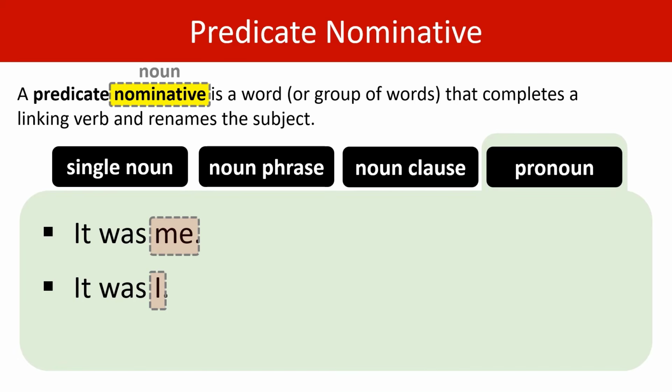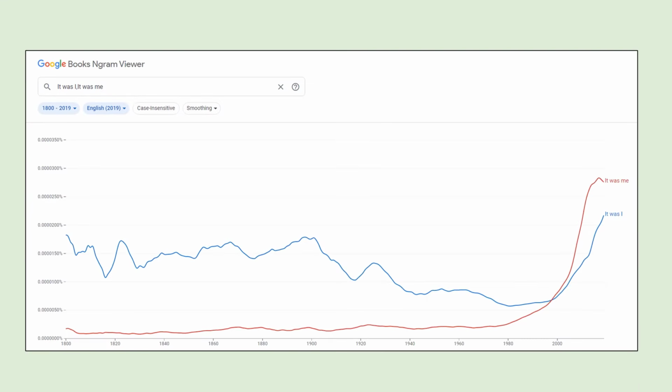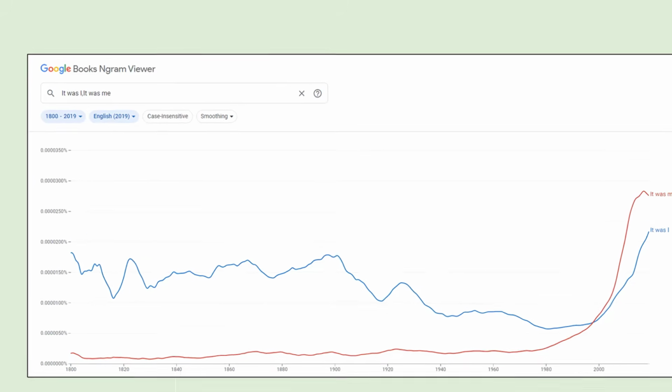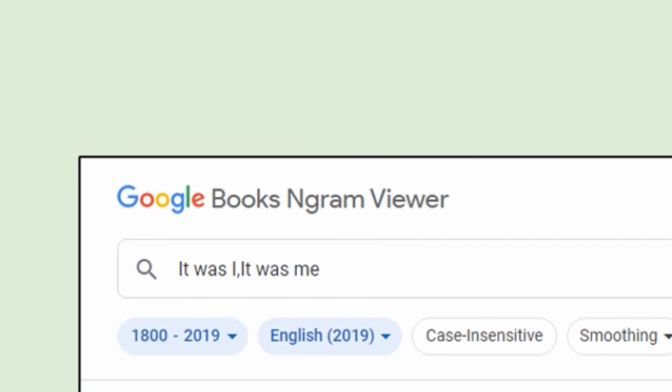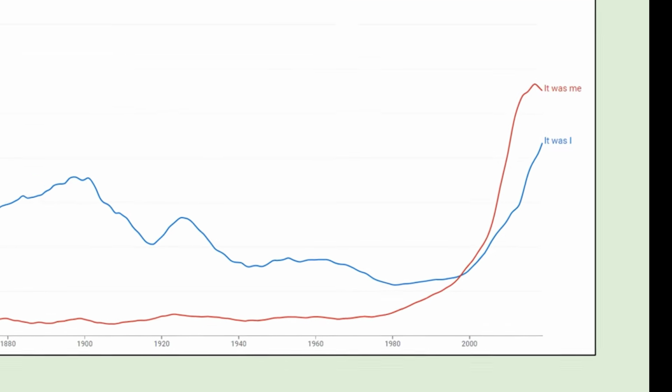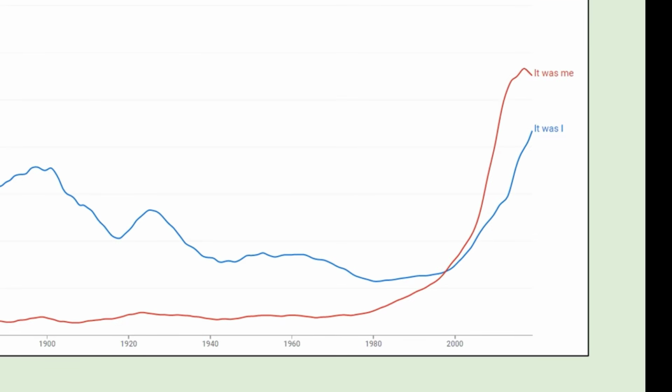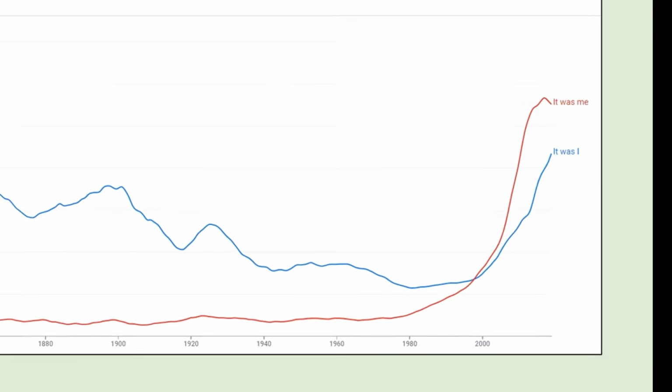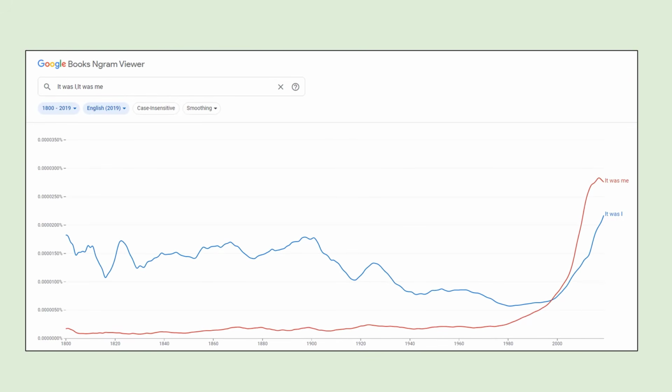Here is a graph from Google's Ngram viewer that supports this view. If you're unaware of it, the Ngram viewer scans millions of books written over the last 200 years. And you can see that approximately at the turn of the millennium, it was me overtook it was I. And remember, this is in published books. It's not what people say, it's what authors wrote. Anyway, there's more about that point on the website.